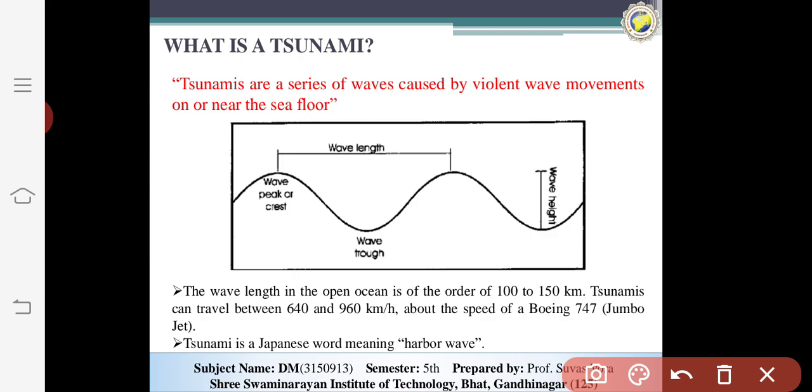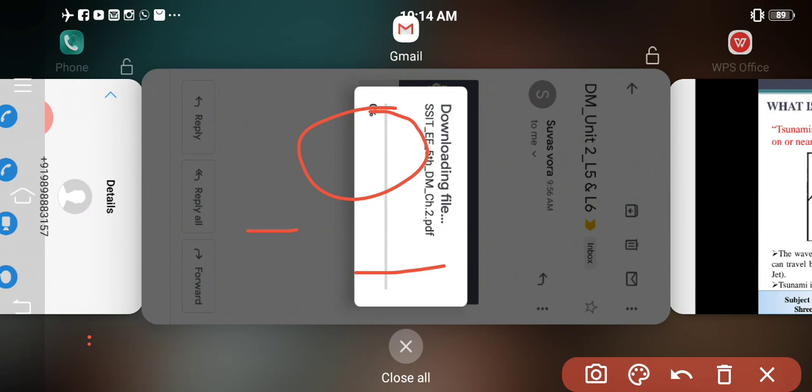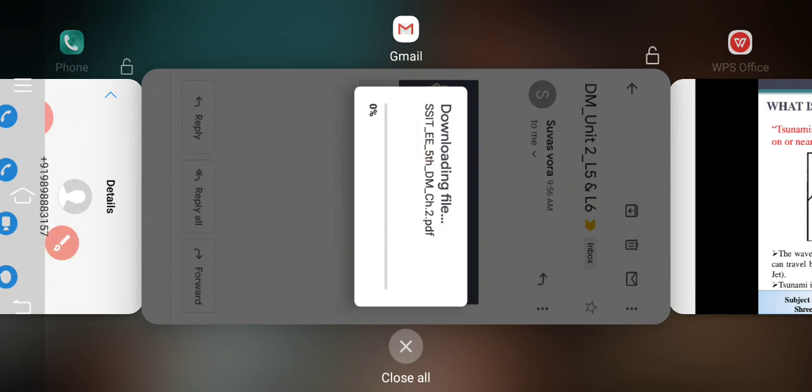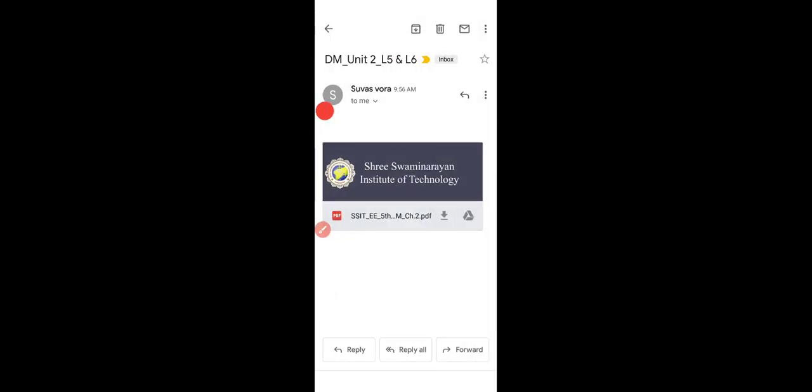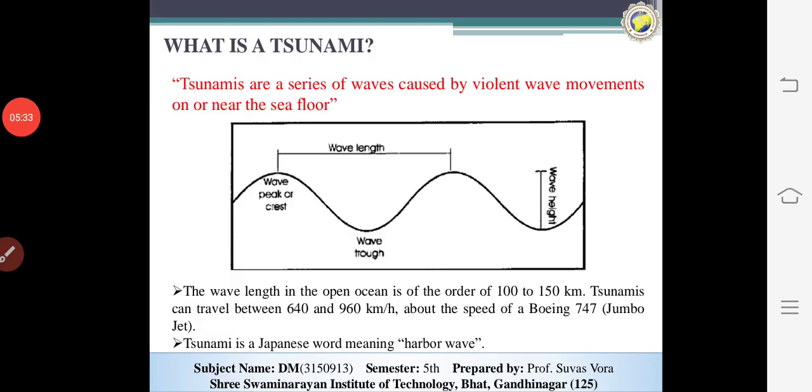You can see here the basic wave, the peak, then the wave trough, and this distance becomes the wavelength. Basically, we can easily understand wavelength using sine waves. Yes, we know the sine waves. What is the sine wave?